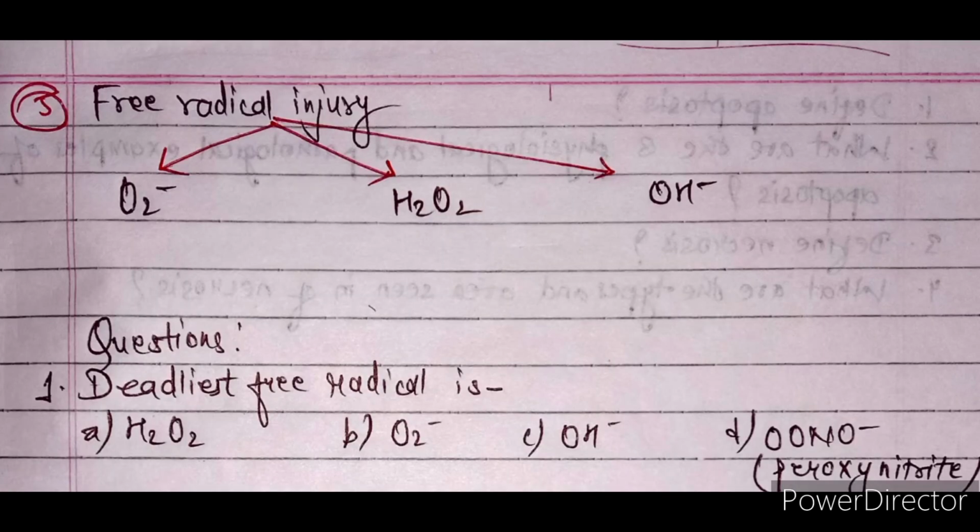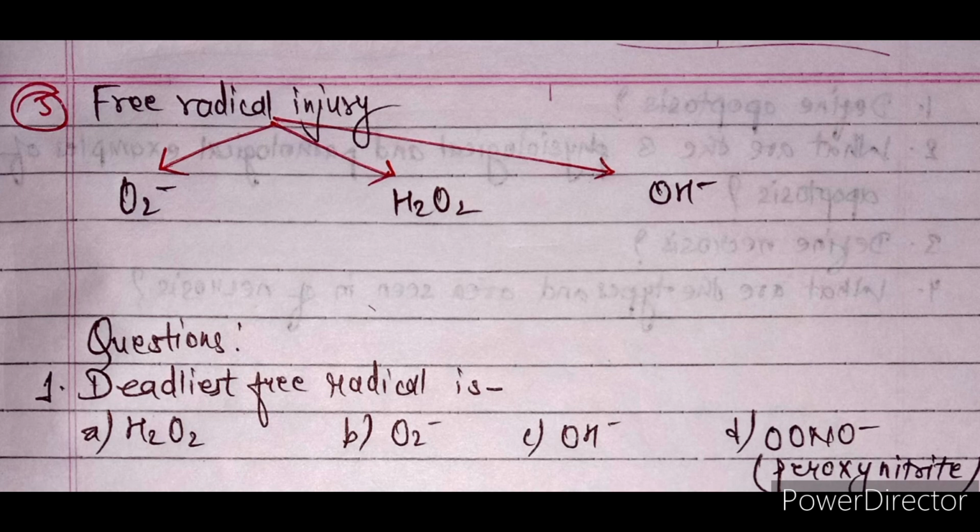So now let's see the summary of free radical injury. As we have already discussed, there are three intermediates formed during the conversion of O2 to water. So what are those intermediates? They are superoxide ion, that is O2 minus, hydrogen peroxide, that is H2O2, and finally hydroxyl ion, that is OH minus. So these are the intermediates, or also known as free radical, which are formed during the conversion of O2 to water.